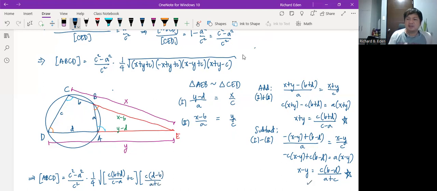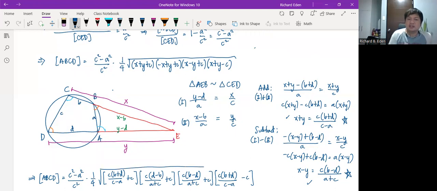It's b minus d here, but I already negated it. So d minus b and then plus c. And then x minus y, so c times b minus d over a plus c. And finally, x plus y. Back here, x plus y: c times b plus d over c minus a, and then minus c.